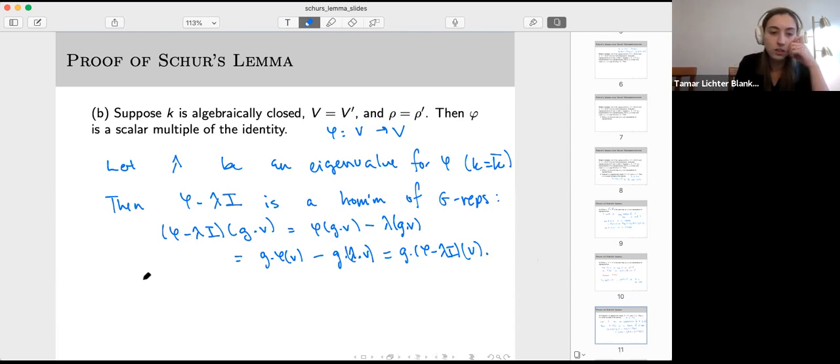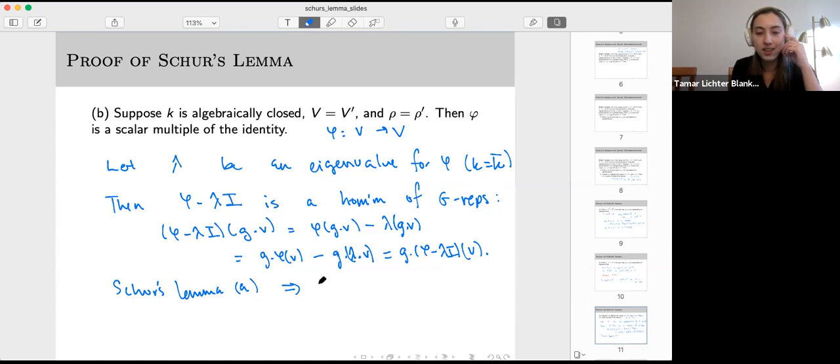That's good because now we can say by Schur's lemma, part A, which I would argue is the main part of Schur's lemma, we get that phi minus lambda I is an isomorphism or 0.